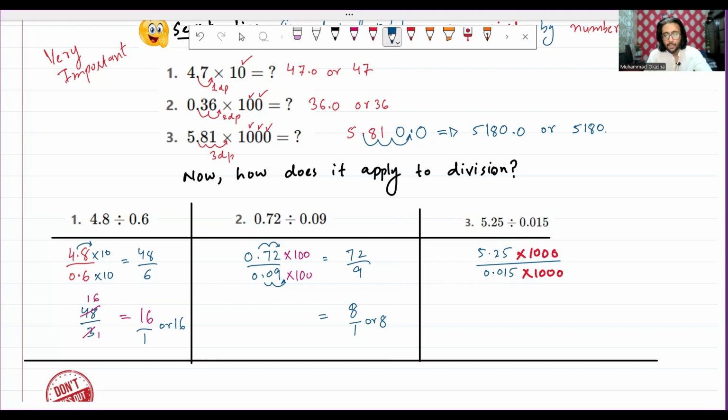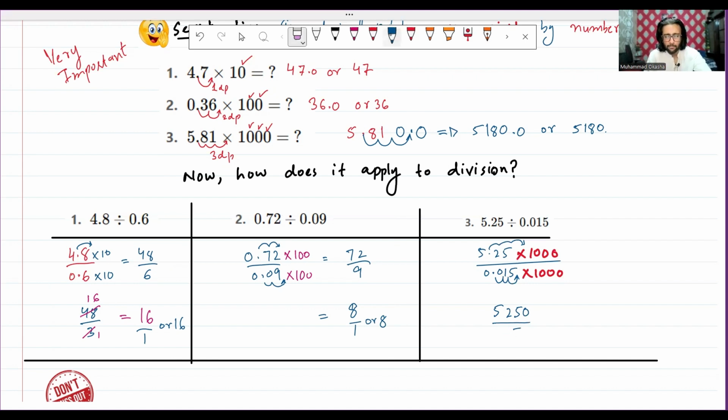We've discussed this before. So move the decimal point 3 places, 1, 2, 3. Over here also, 1, 2, 3. So this will be 525, and over here I'll put a 0, and this will just be 15. You can further simplify it if you want.